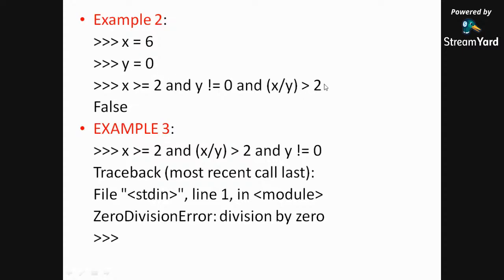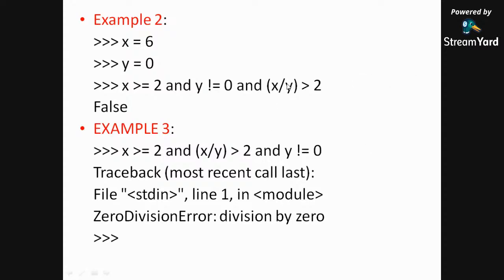Now I modified that previous expression and used a guardian pattern here. What is this guardian pattern? I have introduced a new expression here. With x equal to 6, 6 greater than 2 is true. Whenever you are using a division, it may happen that y becomes 0.